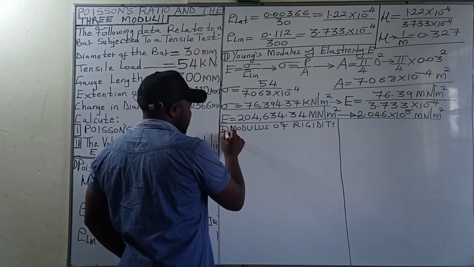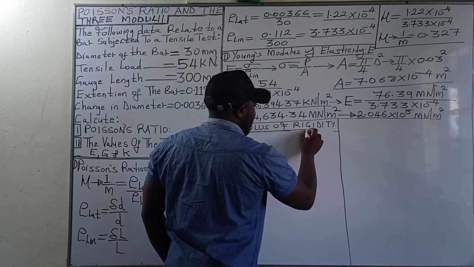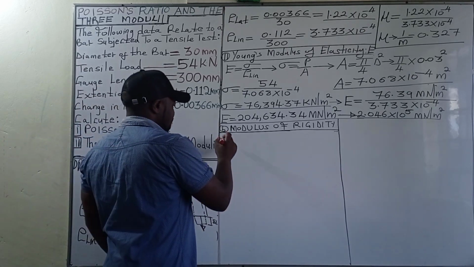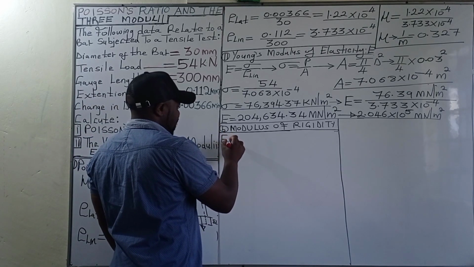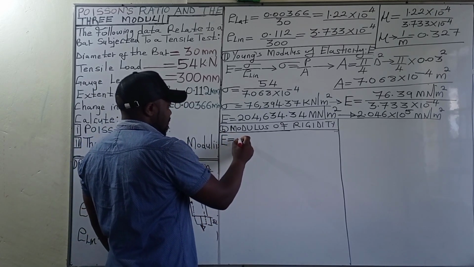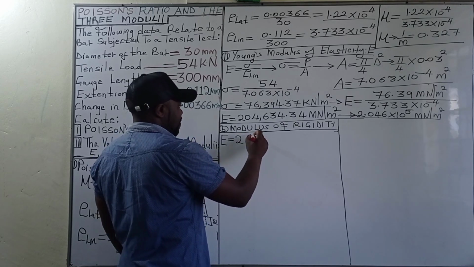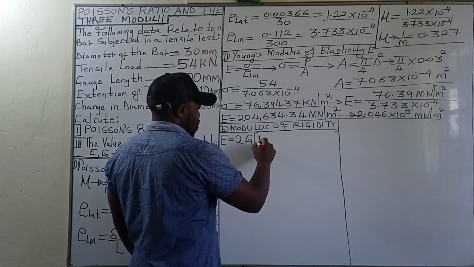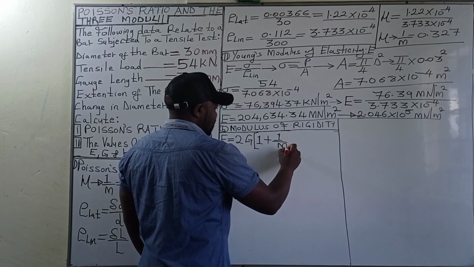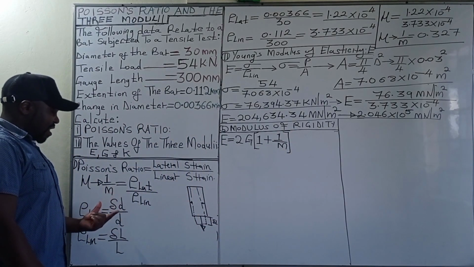For us to get the modulus of rigidity, we are going to use the formula of the relation between the Young's modulus of elasticity and the modulus of rigidity. That relation is given by E is equal to 2G, where G is the modulus of rigidity, into 1 plus 1 over m, and in this case 1 over m is the Poisson's ratio, which we got here.